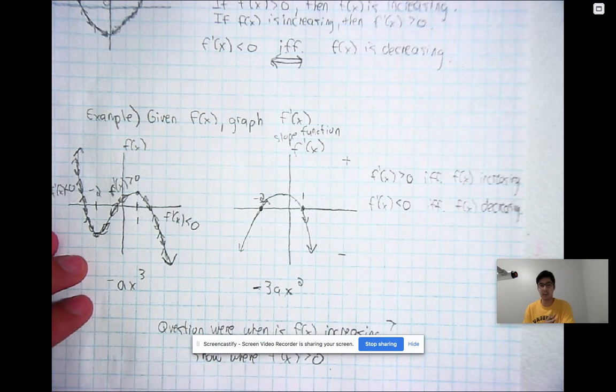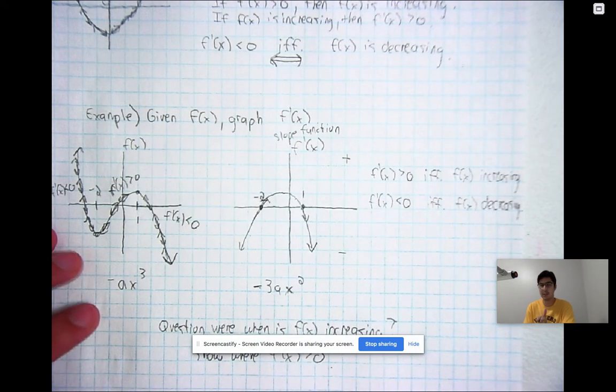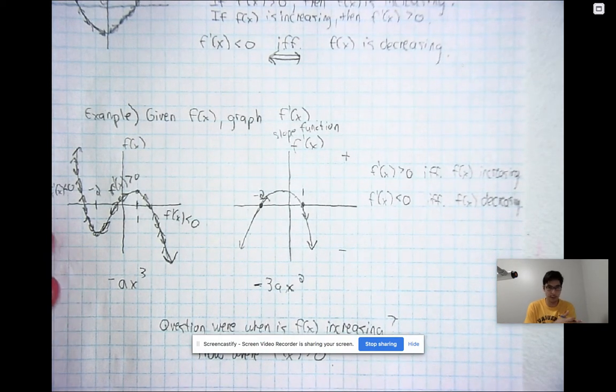So that's the intro to curve analysis, talking about the derivative and how it represents the slope of the function, all the instantaneous rates of change at those moments. When it's positive, the function is increasing. If the derivative is negative, the function is decreasing.